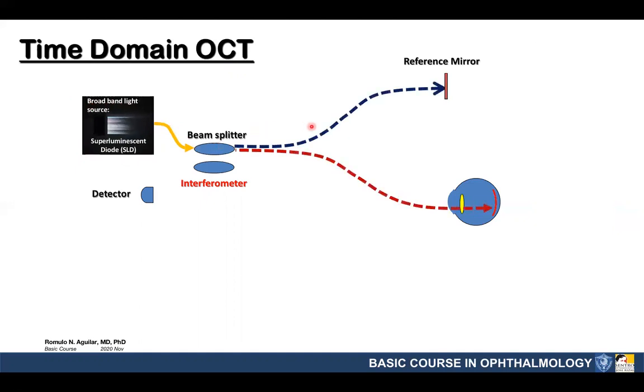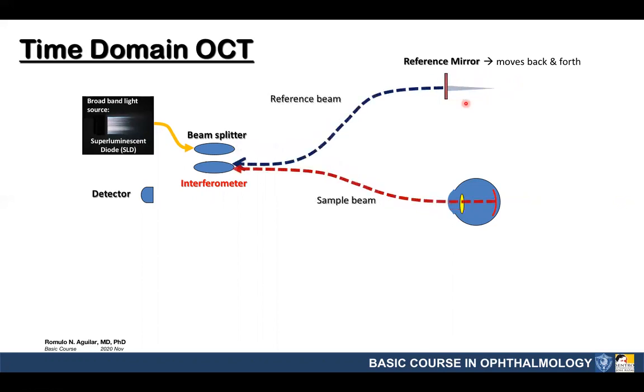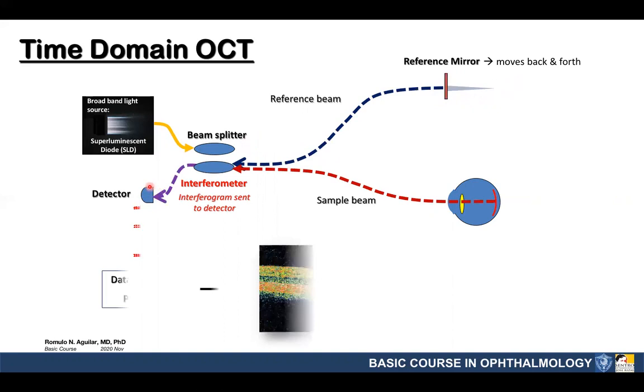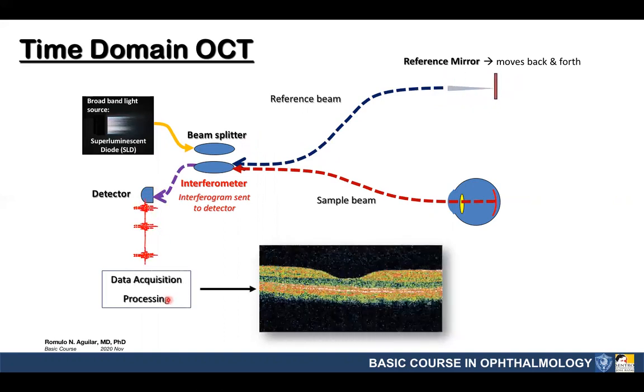Again, as mentioned before, one arm to the reference mirror, another arm to the retina. In time domain, the reference mirror moves back and forth. And then it is reflected back, processed in the interferometer. The interferogram is passed on to a detector. Data is acquired, processed, and you have the final image.